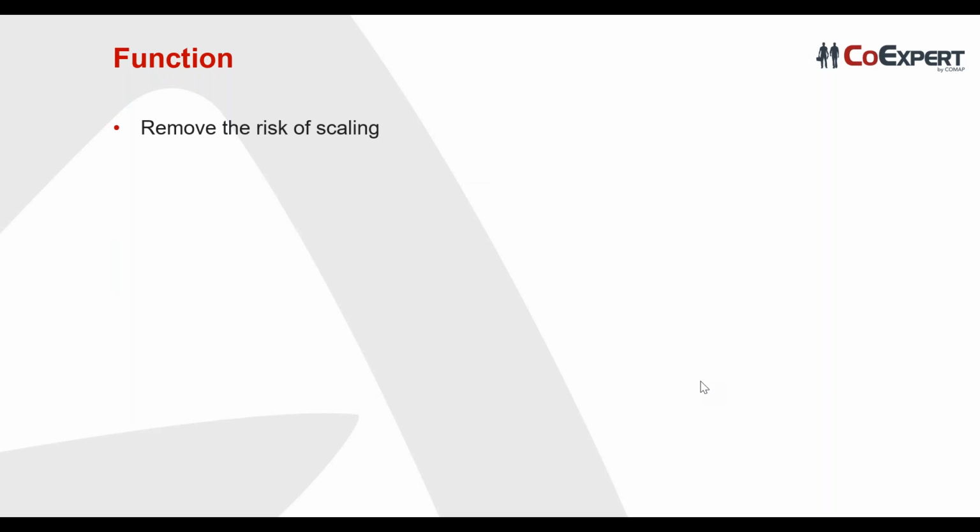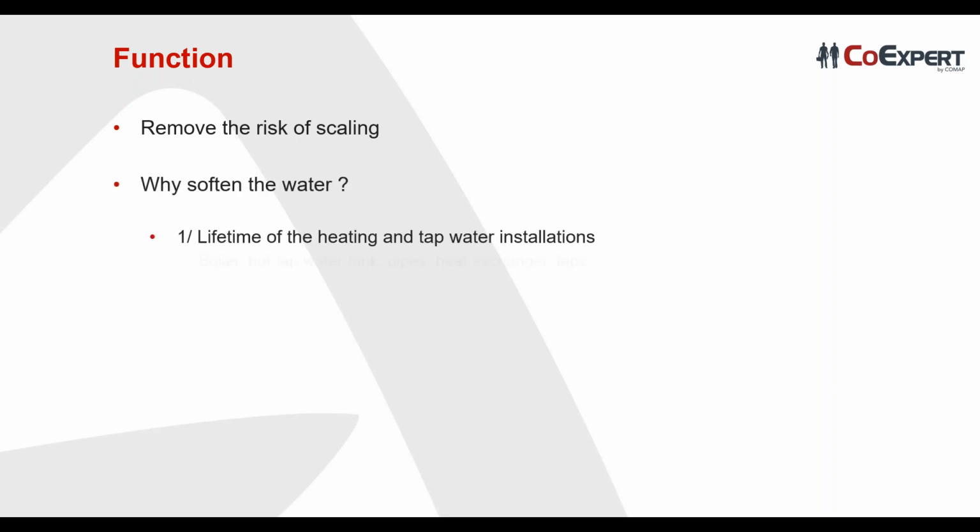The software removes the risk of scaling. There are two reasons why a software might be useful. The main reason is the lifetime of the network and the pieces of equipment, such as the boiler, the hot tap water tank, the pipes, the heat exchanger, if there is one, and of course the taps.